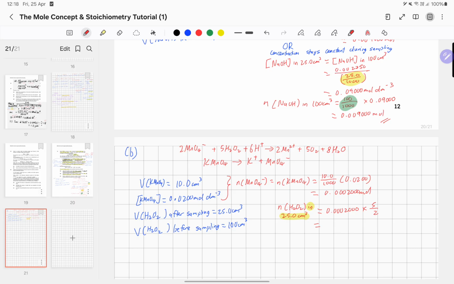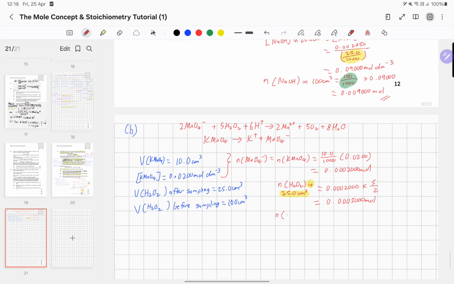then get 0.0005 mole. Okay, next you want to do the sampling, in 100 cm³ now. So this is what I mean, when it comes to sampling or even dilution, you need to label what this number of moles or what this concentration is in what volume of solution.